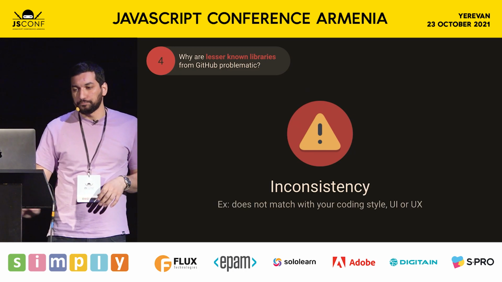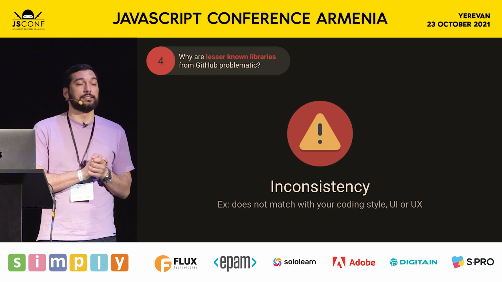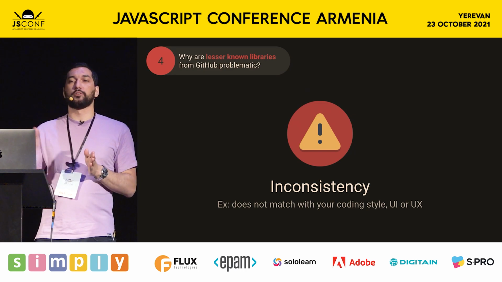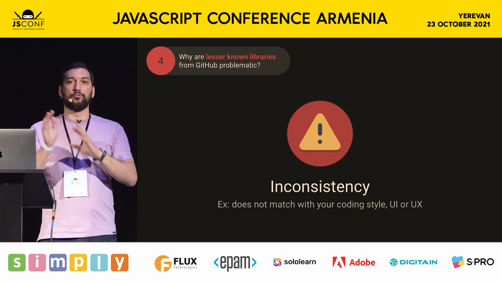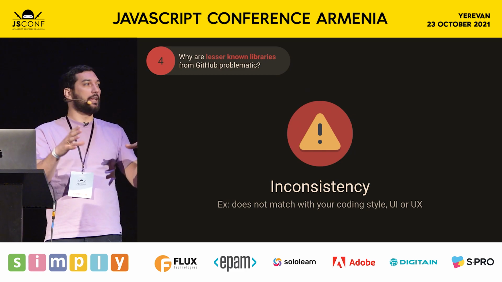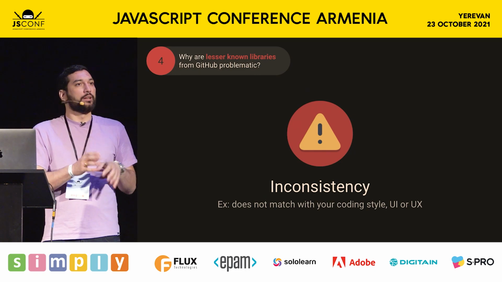Another key thing is inconsistency. You have this clean slate, both in terms of code and in terms of UI, of components by a large vendor, like let's say Bootstrap, and you suddenly add a component that's written in a very different way.